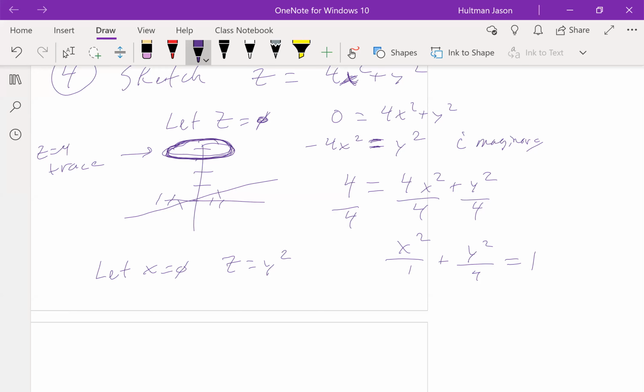Well, where is the zy plane? The zy plane is z and y. So what is this? Isn't this just a parabola? Wouldn't that just be my trace in the zy plane?